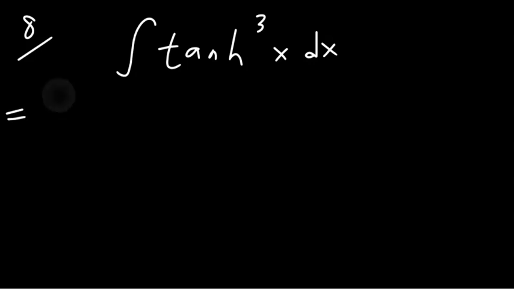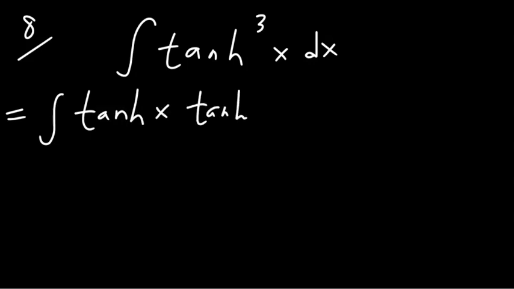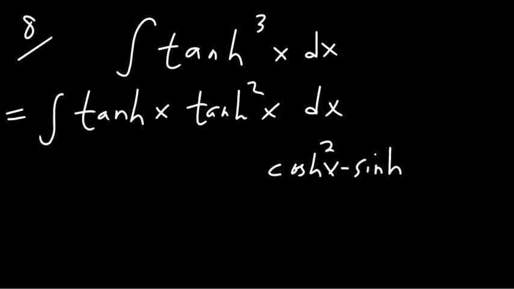Finally, let's look at the following integral. We can rewrite this as hyperbolic tangent of x times hyperbolic tangent squared x dx. We know that hyperbolic cosine squared x minus hyperbolic sine squared x equals 1.